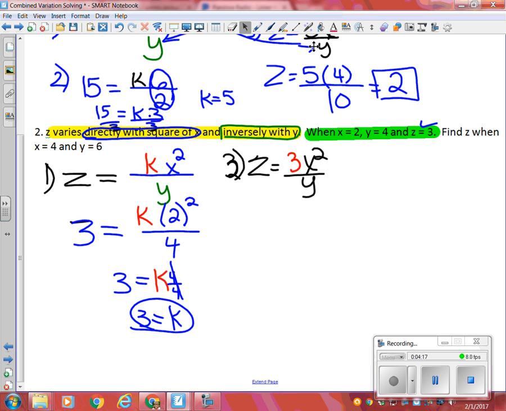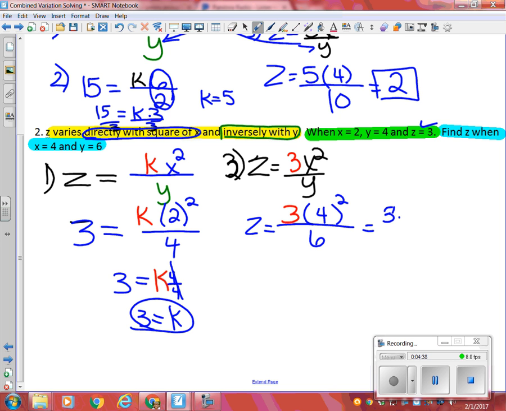Now, last part, find z when x is 4 and y is 6. So x is 4, so it's 4 squared. Y is 6. 6 goes on the bottom. Constant 3 is in front. And I'm looking for the answer for z equals. So I multiply it out and divide. That's going to be 3 times.